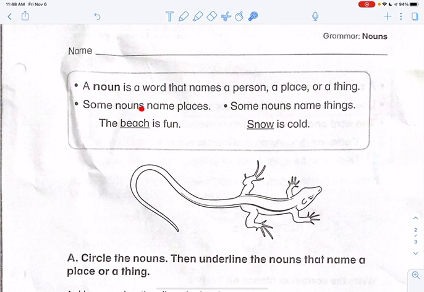Some nouns name places. The beach is fun. Some nouns name things. Snow is cold. This is also a noun here. What do you think this is?